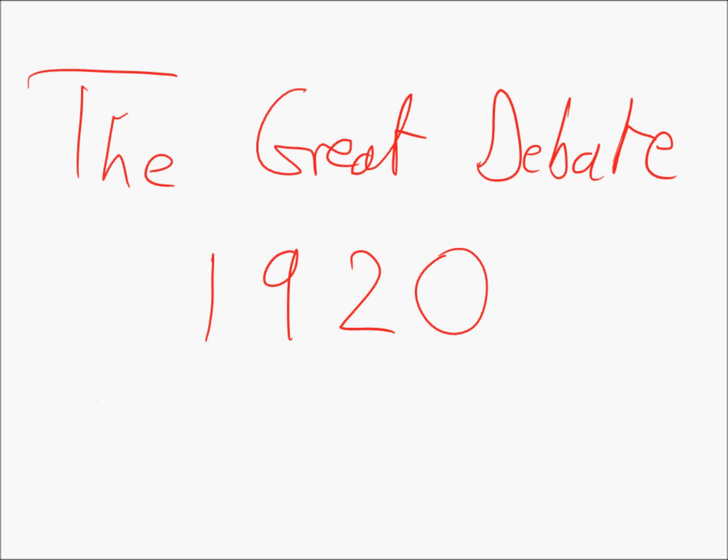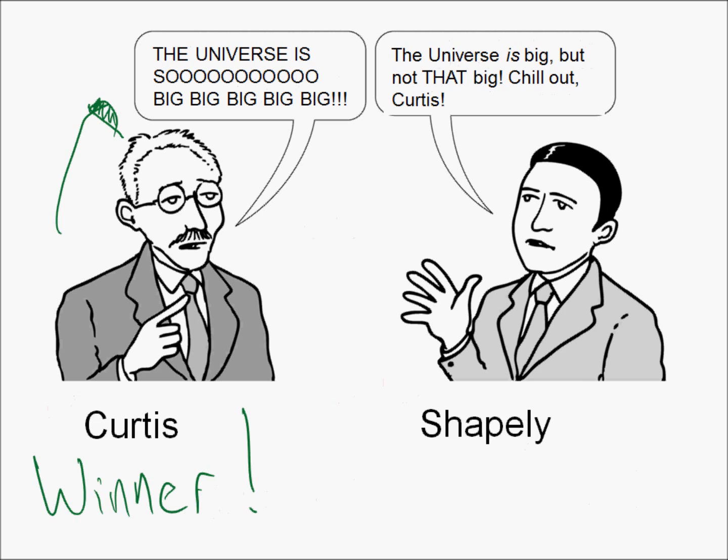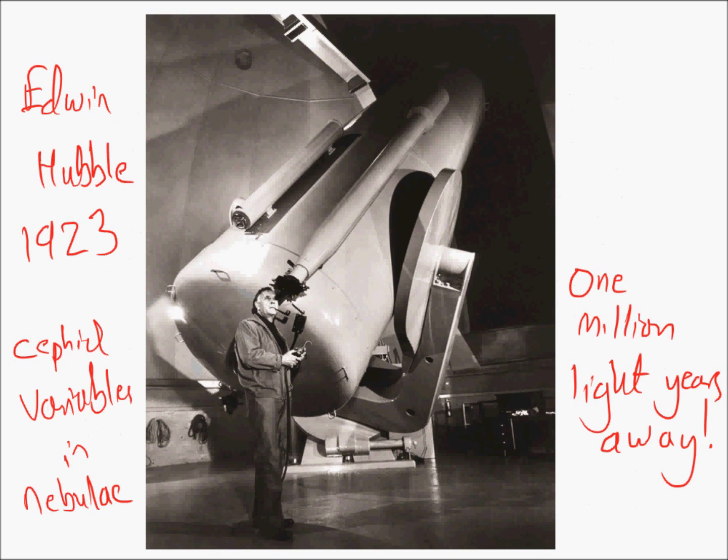This argument was debated at the Great Debate in 1920. Curtis had his opinion that they were distant galaxies, and Shapley had his opinion that they were clusters of close by stars. In the debate, Curtis was the best debater and his idea was lauded, but then Hubble came along.